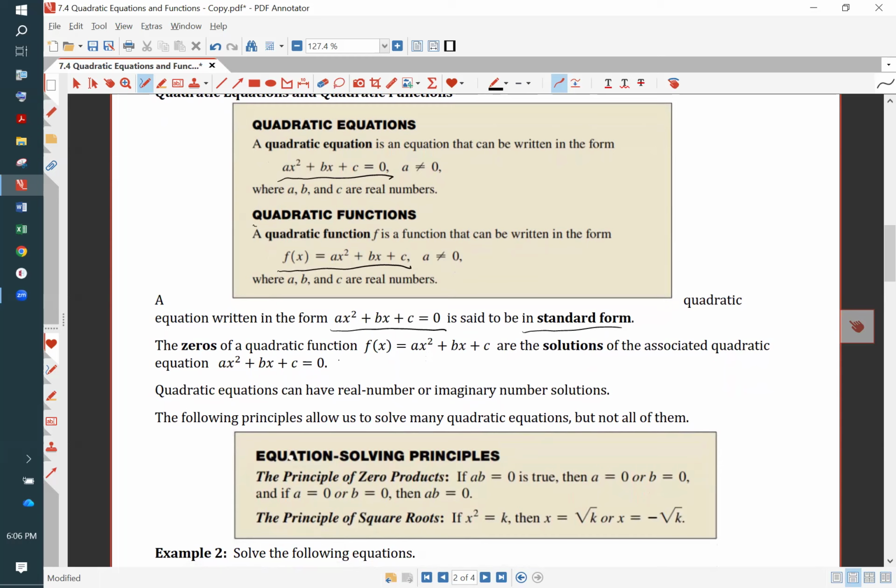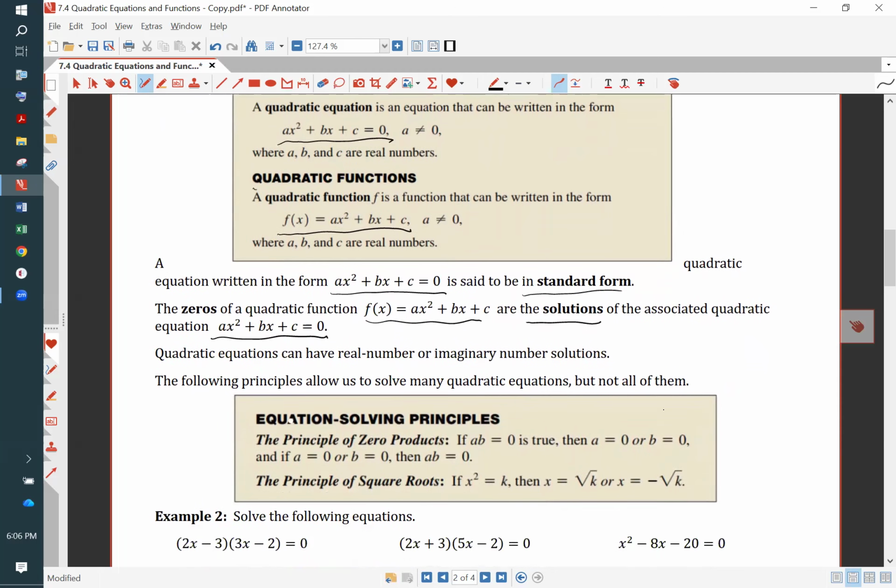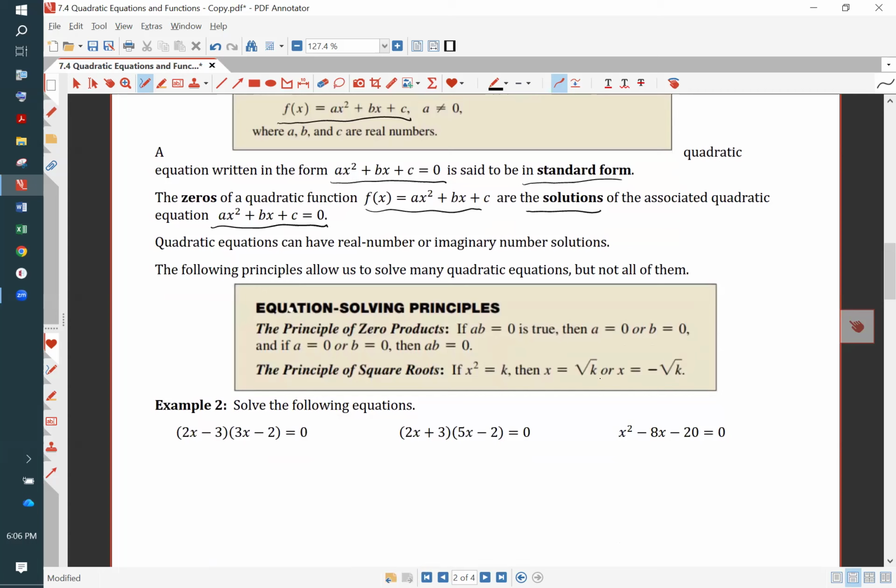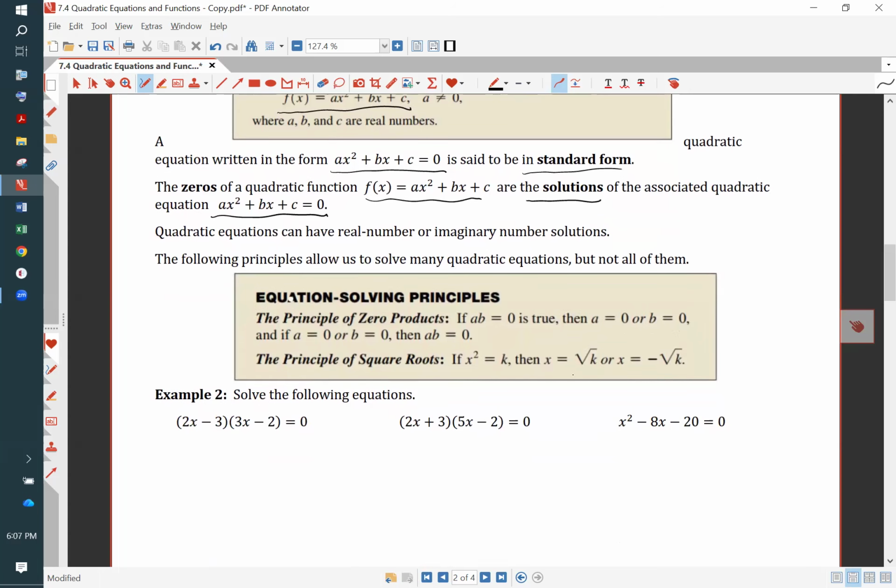The zeros of a quadratic function like this are the solutions of the associated quadratic equation. Quadratic equations can have real number or imaginary number solutions. And the following principles allow us to solve many quadratic equations, but not all of them. And you probably already know this first principle and have known it all your life, but you didn't know it had a name.